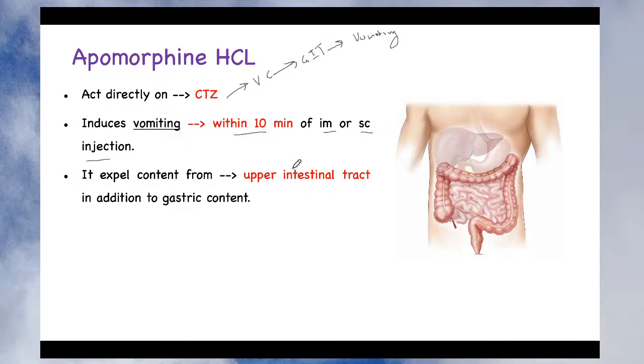That is also very important, because whatever you consume first goes into your stomach. So it is present in the upper part of your GIT, which consists of your esophagus and your stomach.